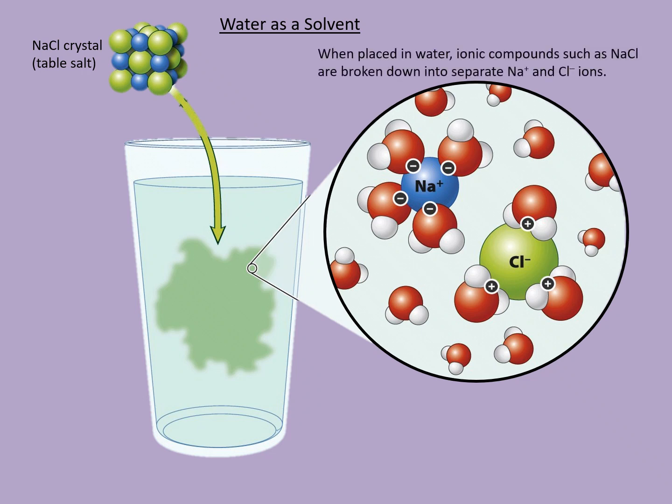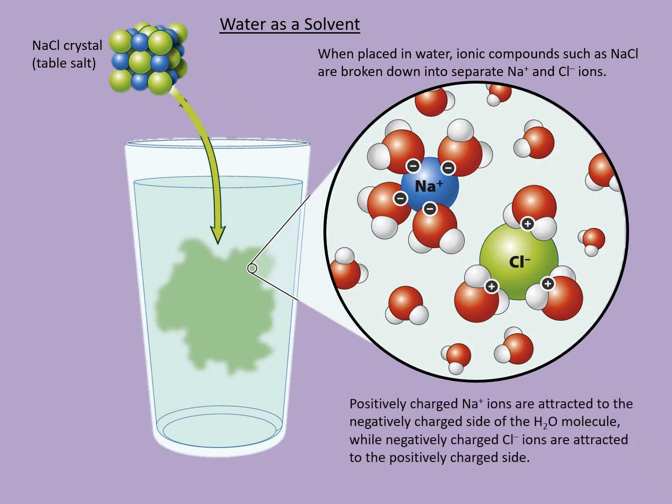When it's placed in water, ionic compounds like NaCl are broken down into two separate ions: the Na, your sodium, and your chloride, which are positive and negative. The positively charged sodium ions are attracted to the negatively charged side of the H2O molecule, while the negatively charged chloride ions are attracted to the positively charged side. So they're drawn to the pieces of the water as they split apart.